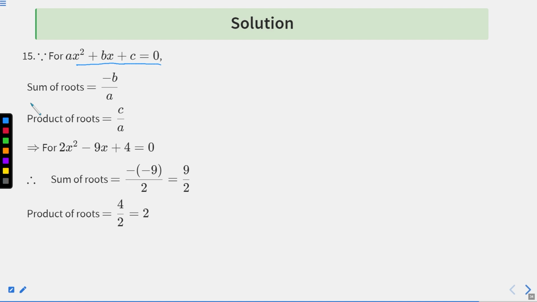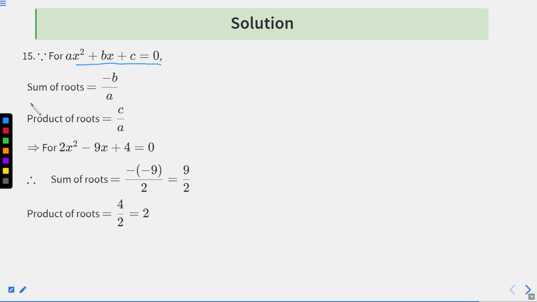Here we know that the roots of the quadratic equation and the zeros of the quadratic polynomial are basically the same. So the sum of roots is equal to minus the coefficient of x divided by the coefficient of x square, and the product of roots is equal to the constant term by the coefficient of x square.